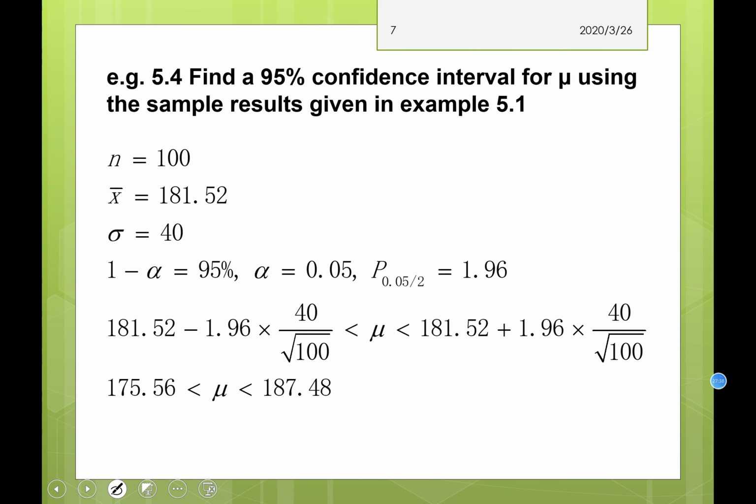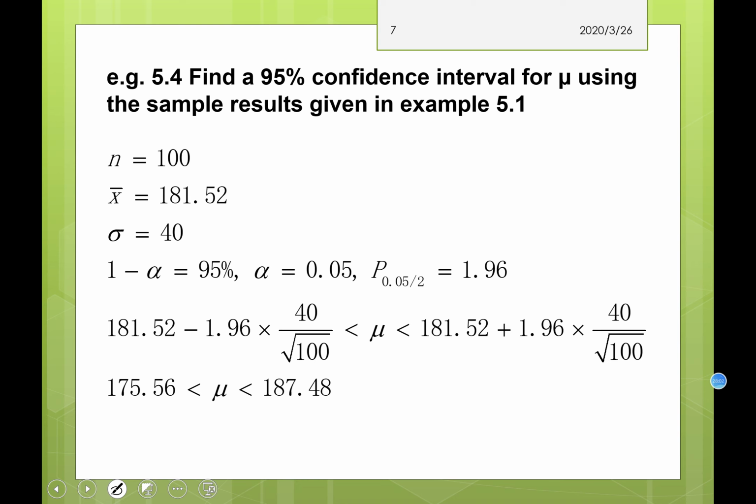Okay, so now let's do an exercise. With the data of example 5.1, please find a 95% confidence interval for mu using the sample results given in example 5.1.